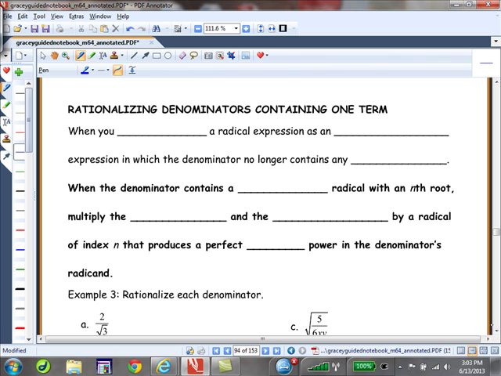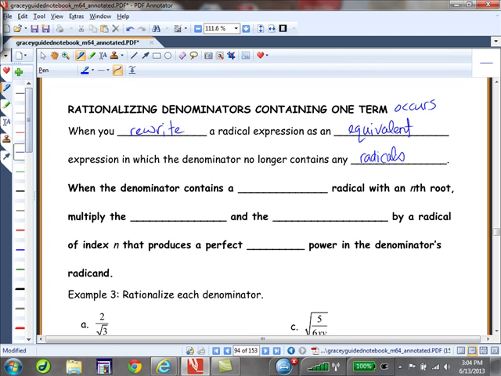So, rationalizing denominators containing one term occurs when you rewrite a radical expression as an equivalent expression in which the denominator no longer contains any radicals.